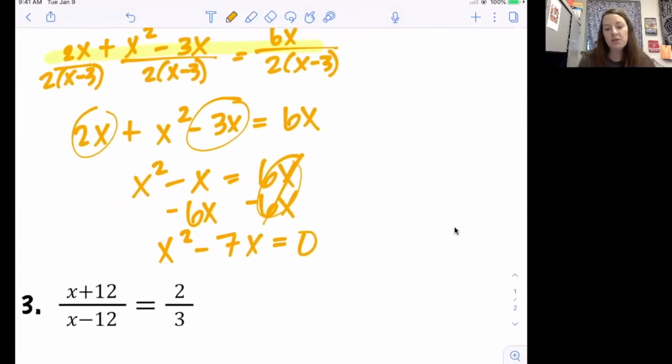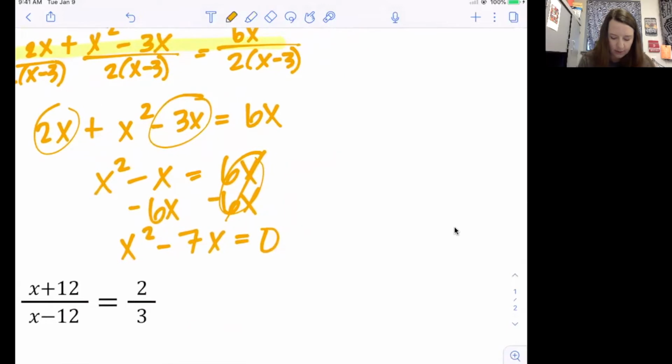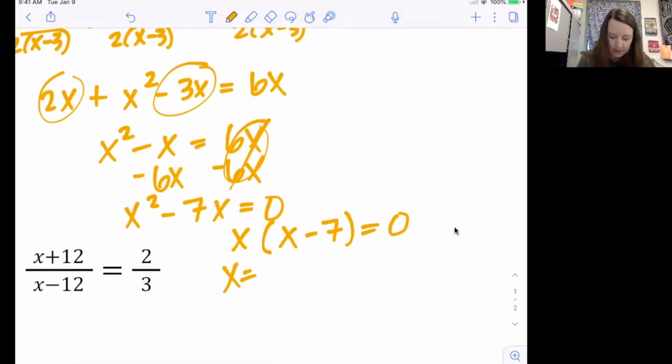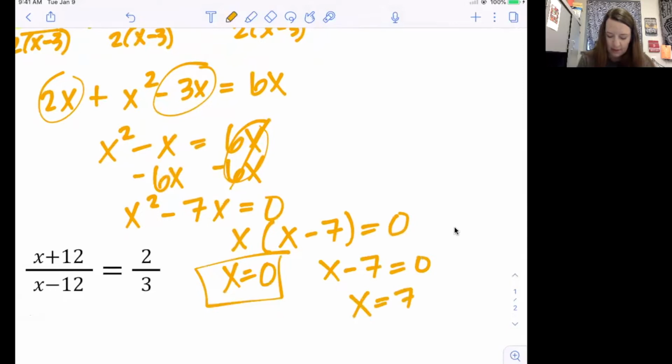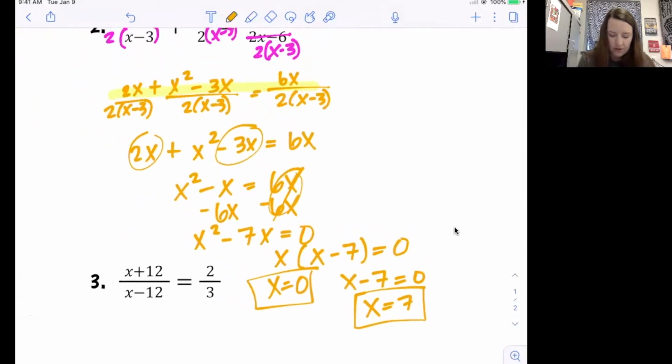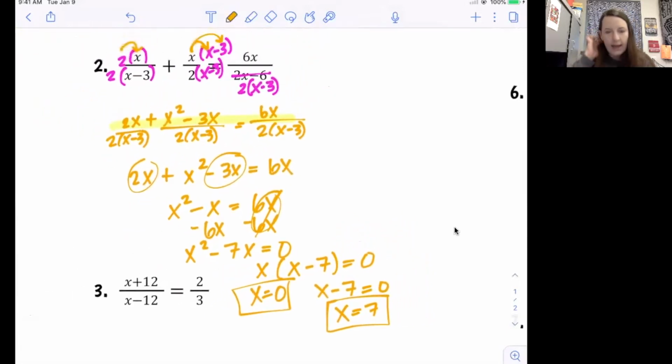And I'm going to choose to use factoring to solve. So I can factor out an x, and I'm left with x minus 7. And then we set each of these factors equal to 0. So x equals 0 and x minus 7 equals 0. This one is already solved. When I add the 7, I get x equals 7. So I have two answers, x equals 0 and x equals 7, that I need to check.